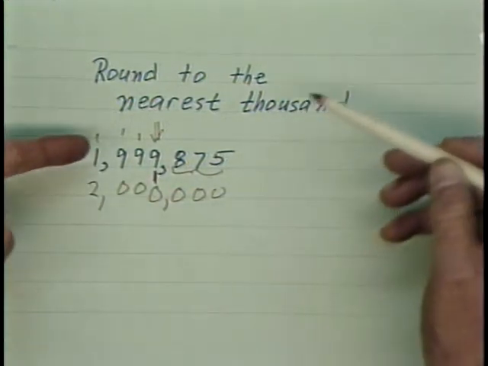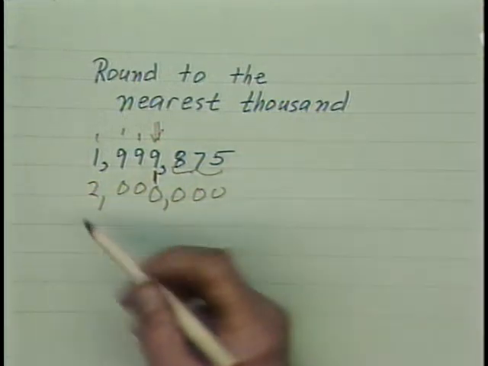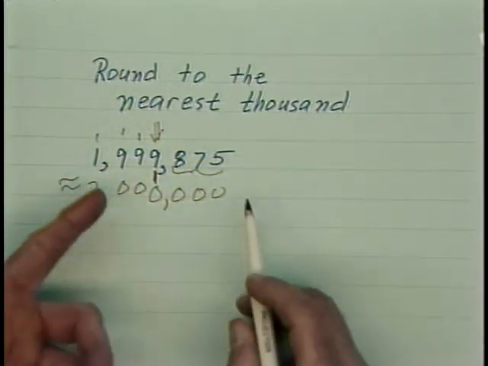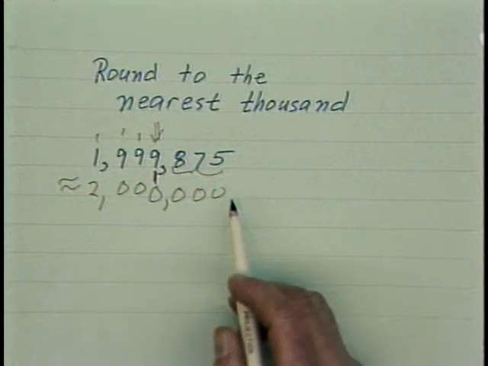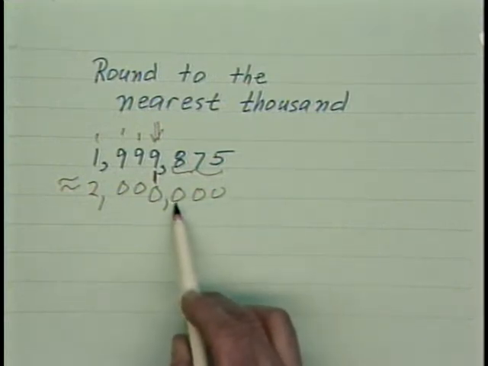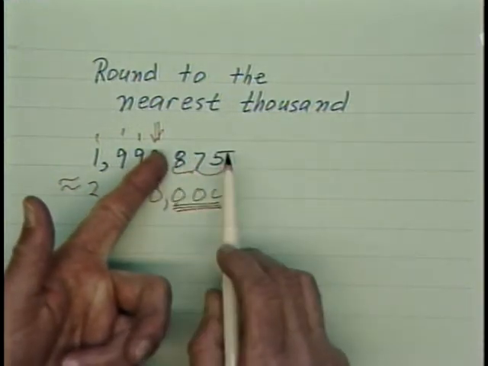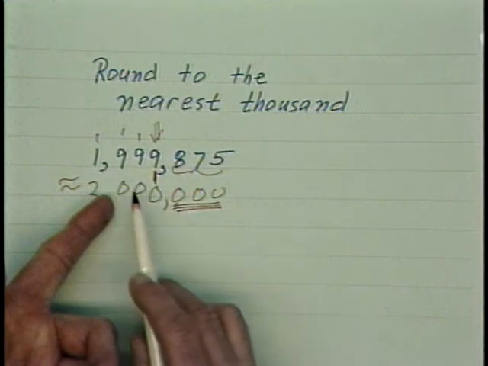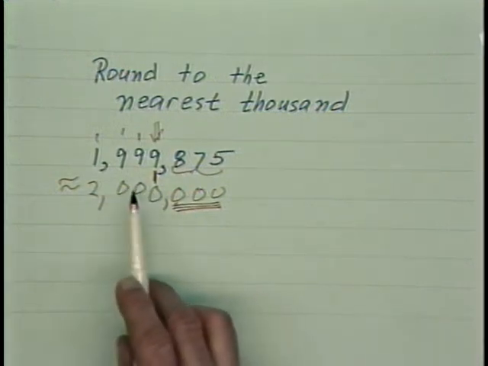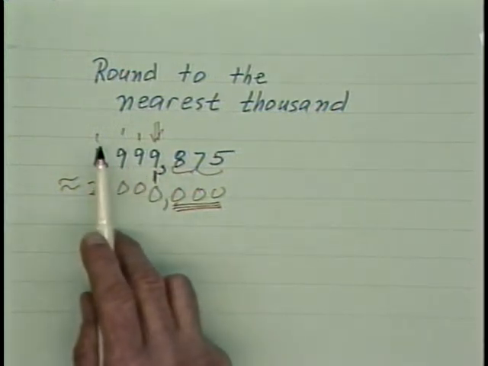So to the nearest 1,000, this number is approximately equal to 2 million. So these zeros were placeholder zeros acquired by rounding these up. These were zeros which simply occurred because of the computation.